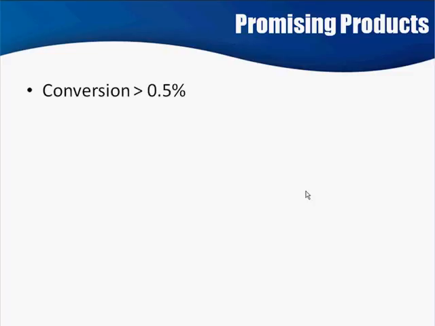If conversion is over 0.5%, that means after 200 visits, 200 clicks, if you've got over 1 sale, good deal. Okay, go with it. If the sales is greater than or equal to 50% of your ad spend.